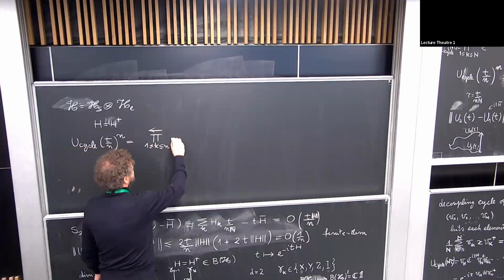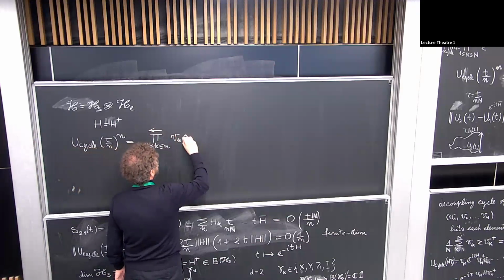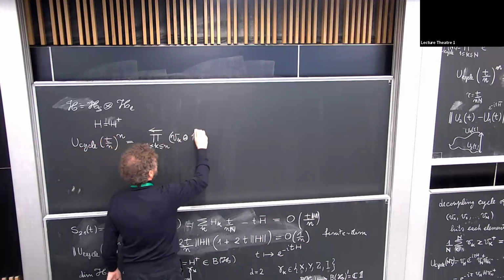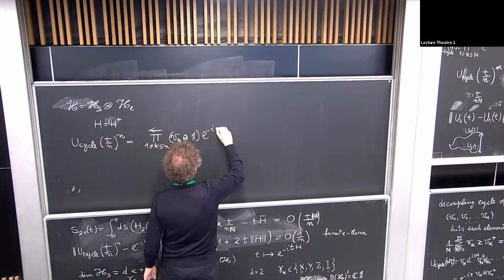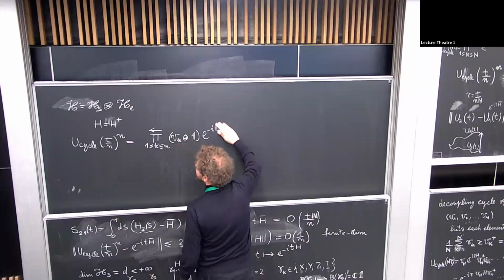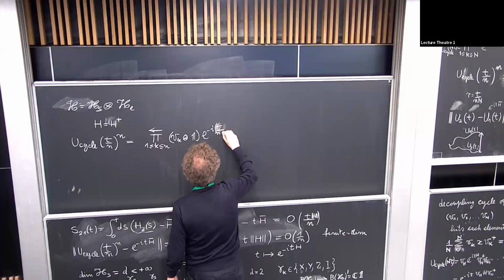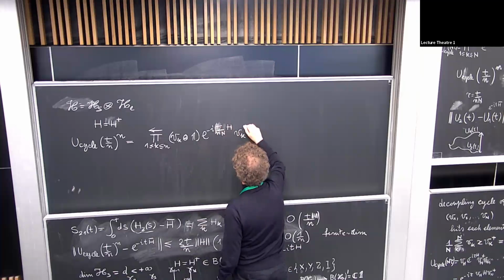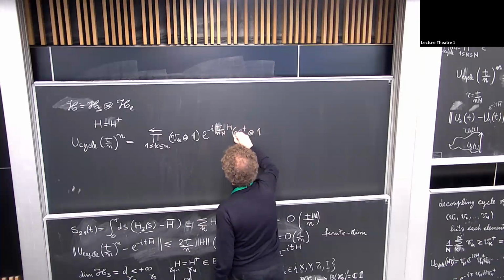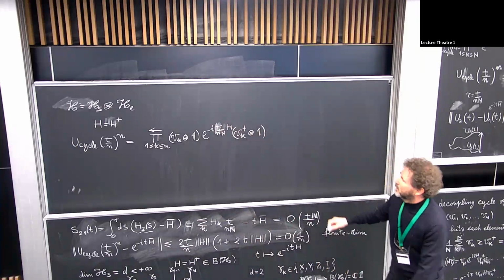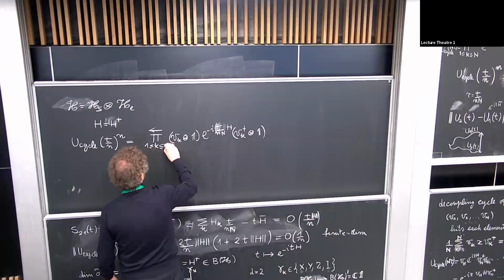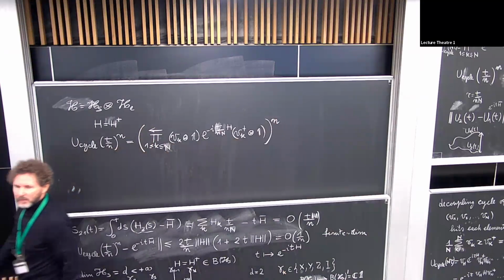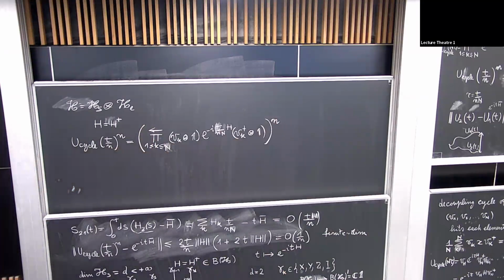Now the decoupling cycle V_k is acting on the first factor, on the system, and I get e to the minus i t over N, H, V_k dagger tensor identity. This is, sorry, for a cycle. And I want to repeat.